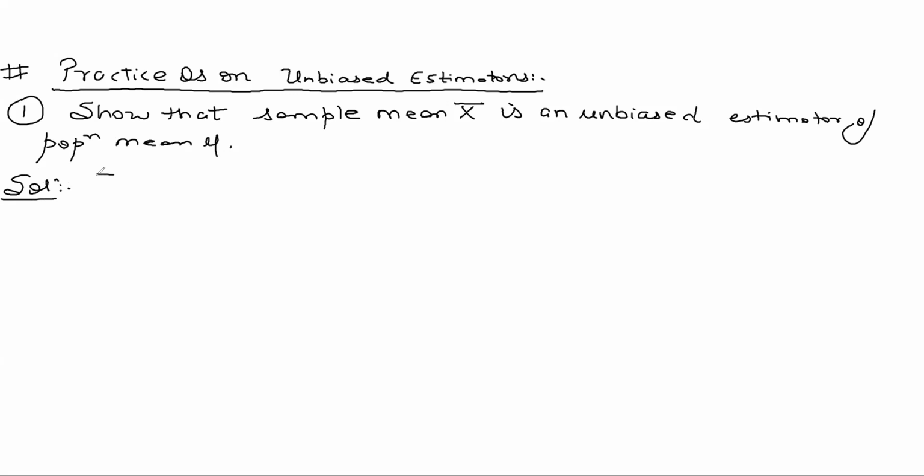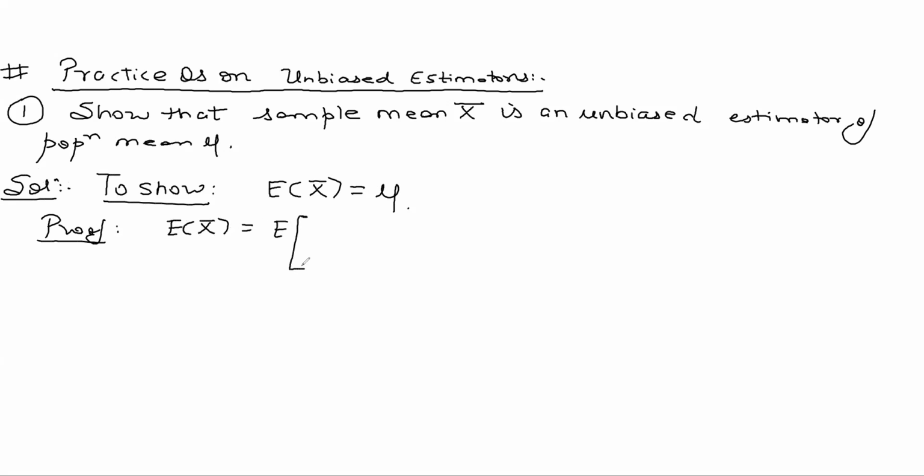Okay, so what do we need to show? We need to show that expected value of x bar is exactly equal to mu. So let's do the proof. Expected value of x bar, what is x bar? x1 plus x2, all the sample values divided by n.